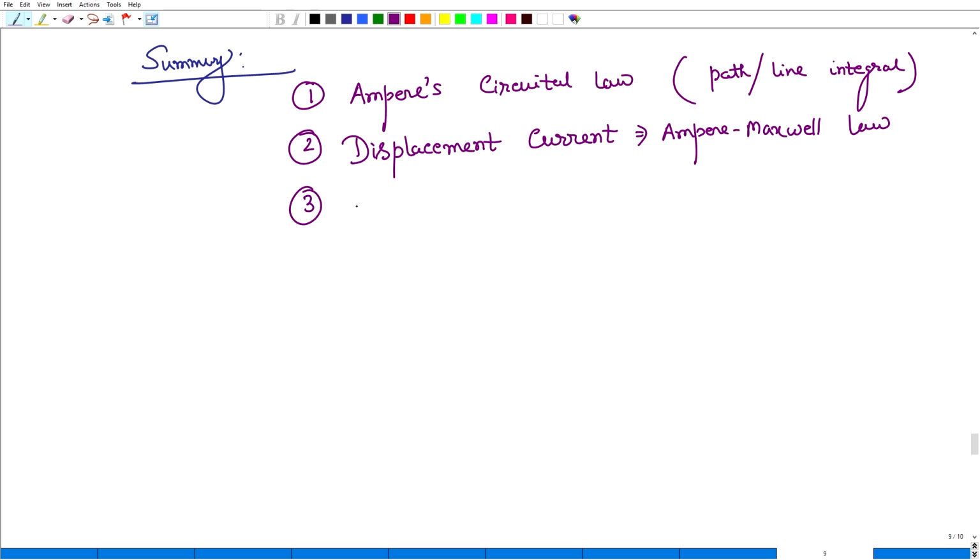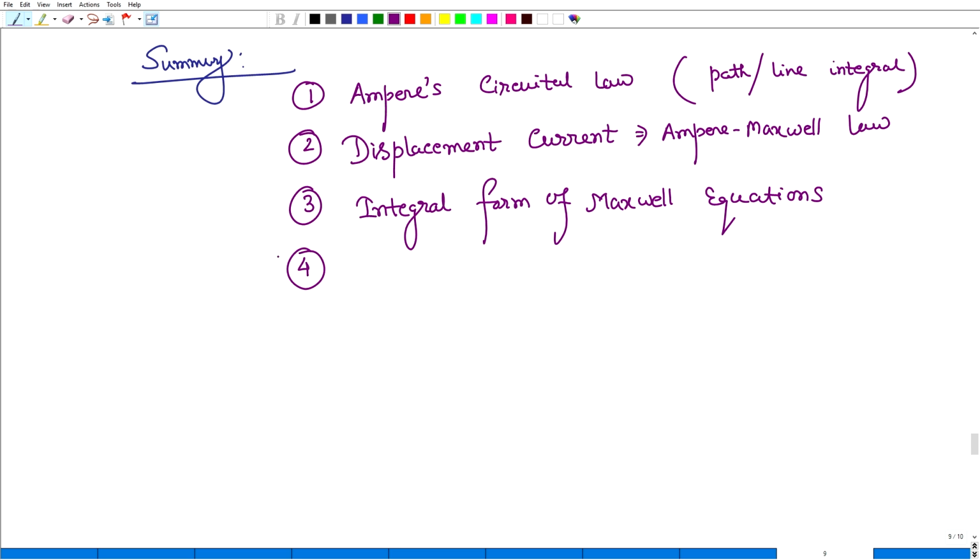Then we discussed the four Maxwell equations in integral form, and then we discussed electromagnetic waves. Okay, so in today's class we discussed that.